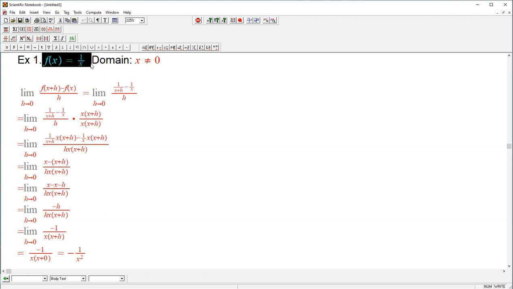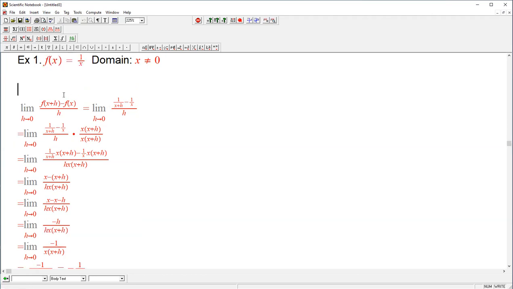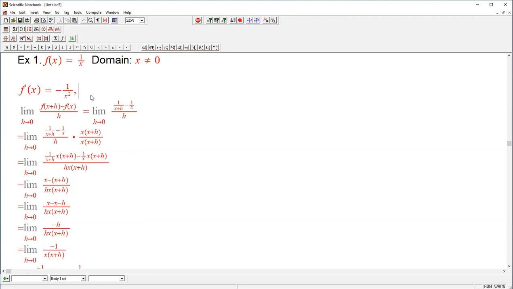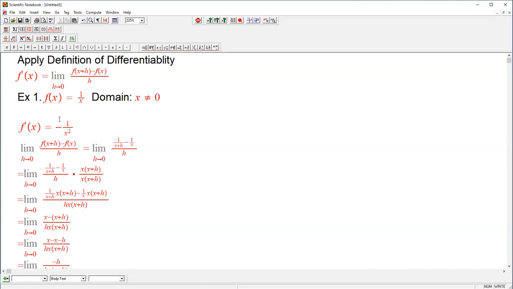So now we know the derivative of the function 1 over x is -1 over x squared. You don't have to memorize it. If you go through these steps, you can get this formula.